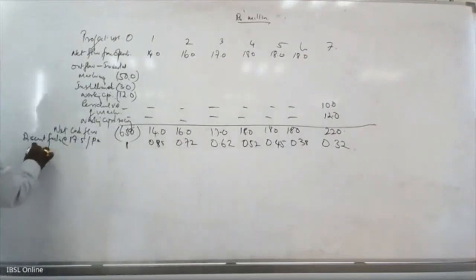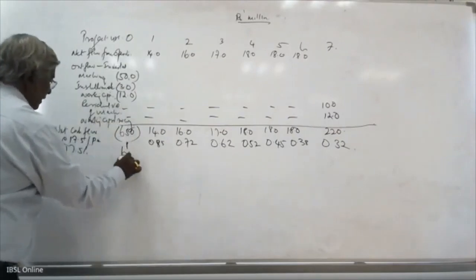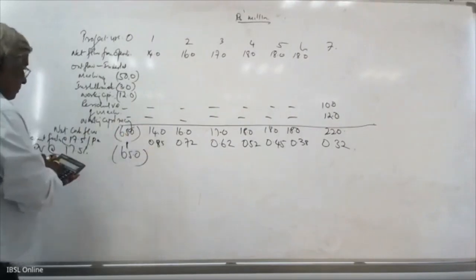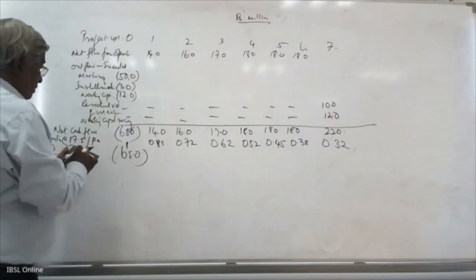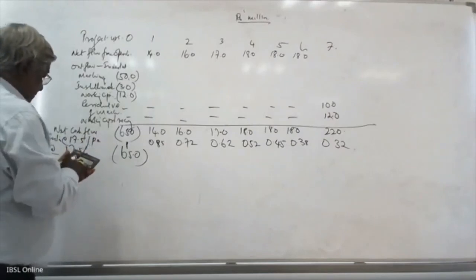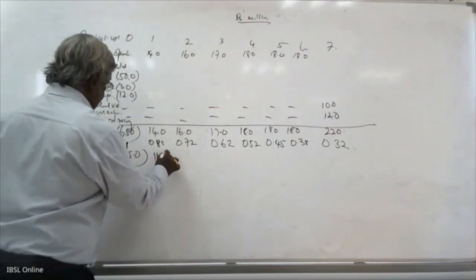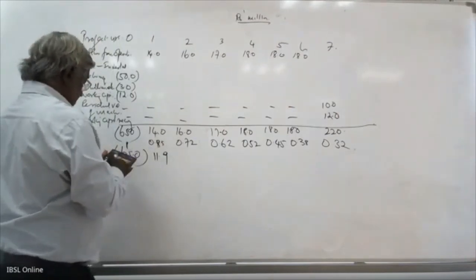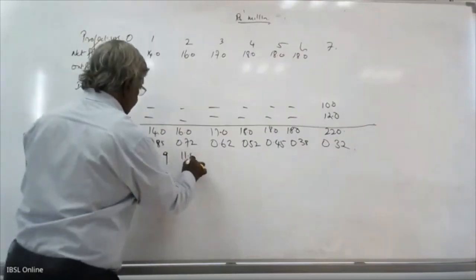So PV at 17.5% cash transaction, now 65 million. 1 multiplied by this. Here 14 into 0.85, 11.9. Then 16 into 0.72, 11.52.